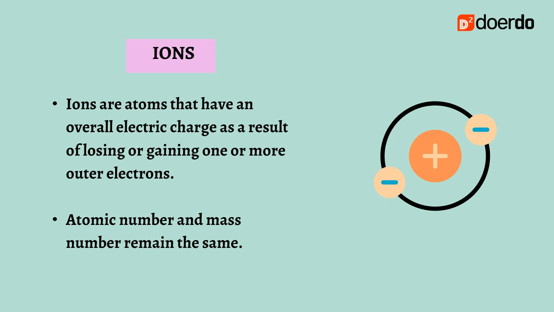Let me give you a more detailed explanation. For sodium, which is Na, it has 11 protons, 12 neutrons, and 11 electrons. To label this properly, these are protons, these are neutrons, and these are electrons.